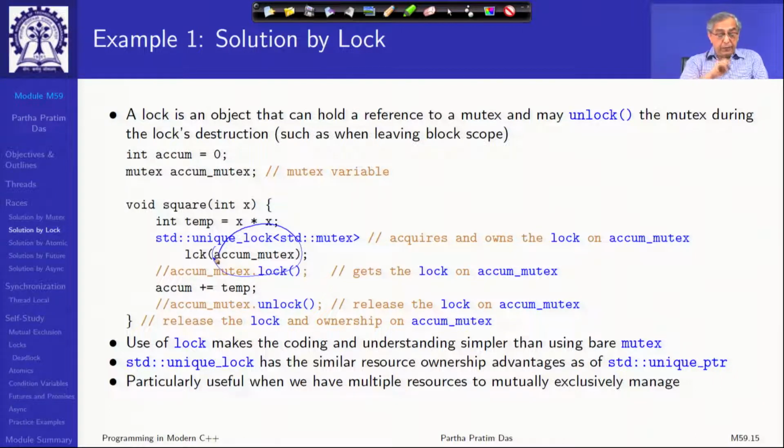The advantage of doing this is that you necessarily do not have this and you do not have this, but what happens when such a lock goes to the end of its scope, this is the end of the scope, then the destructor of that object, that is the destructor of lck, will automatically get called. The destructor will actually unlock the mutex object that you have locked.